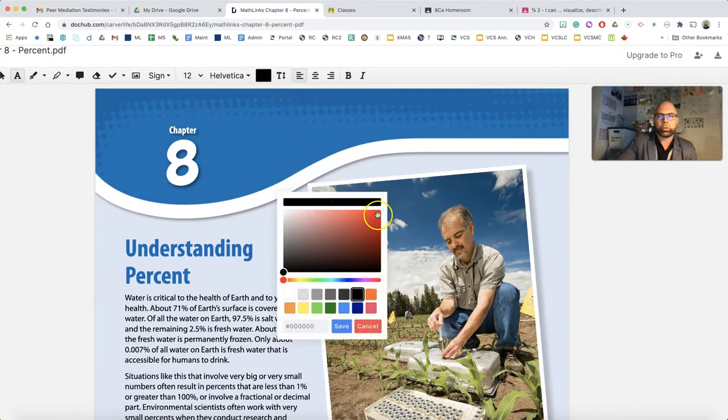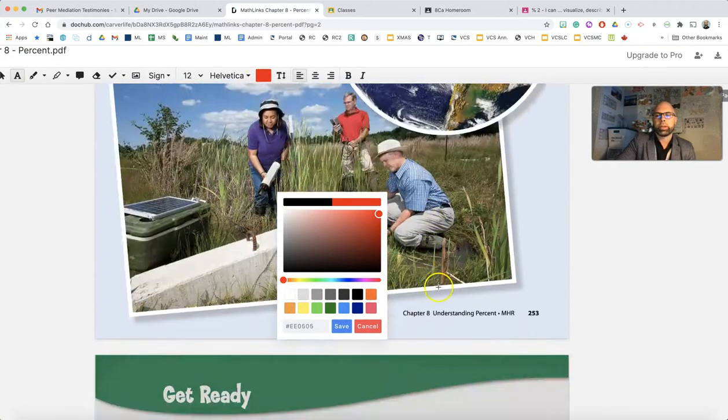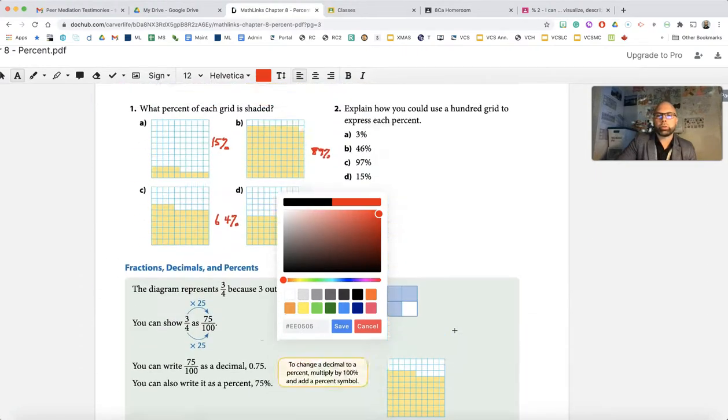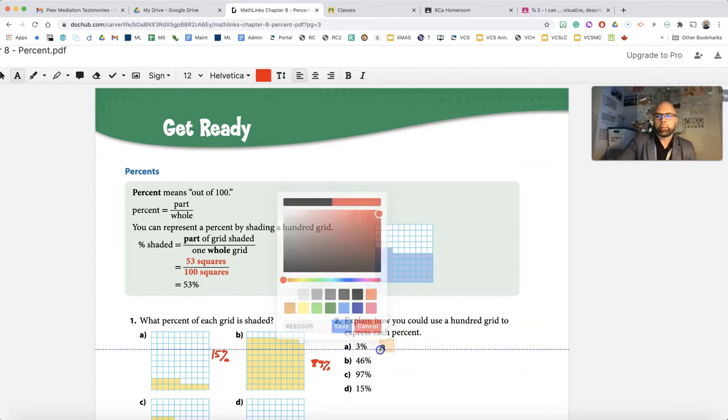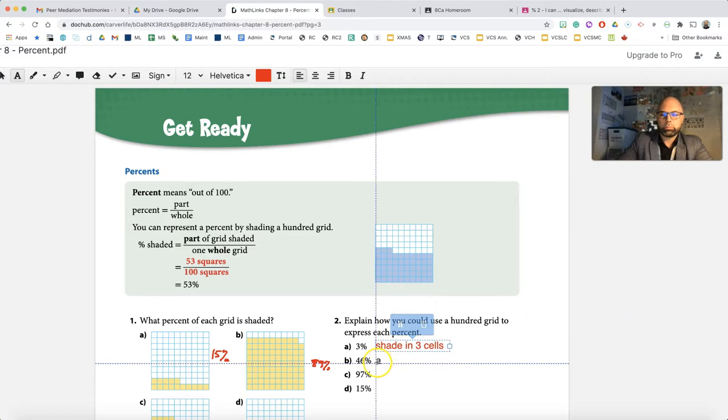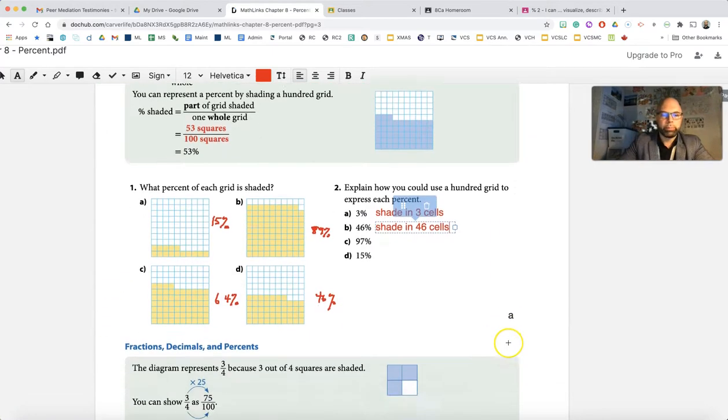Let's turn that to red text color. What I would write is shade in 3 cells. Shade in 46 cells, and so on. I don't have to keep going, right?